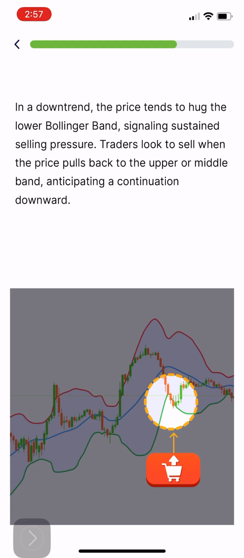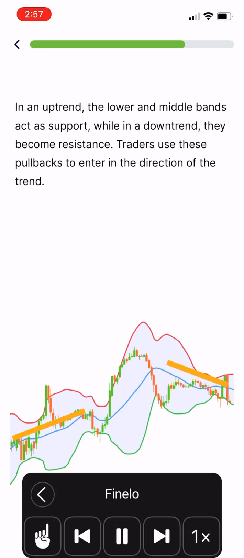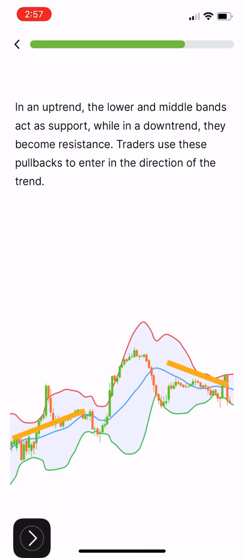Traders look to sell when the price pulls back to the upper or middle band, anticipating a continuation downward. In an uptrend, the lower and middle bands act as support, while in a downtrend, they become resistance. Traders use these pullbacks to enter in the direction of the trend.